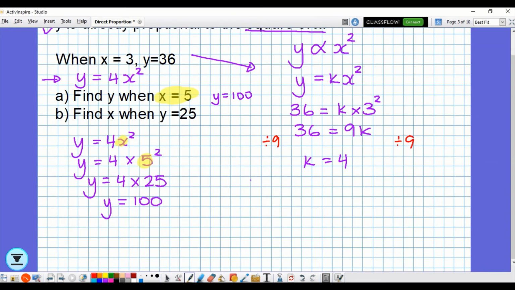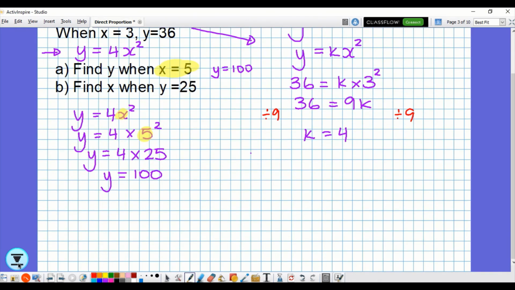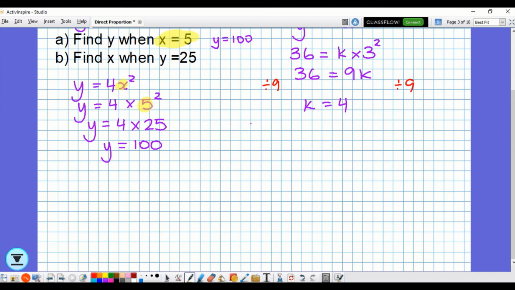Now for part B, we're using the same equation, and it says find x when y equals 25. Okay, so we've got y equals 4x squared, so the same equation again. Now I know that y is 25 and x we need to find.